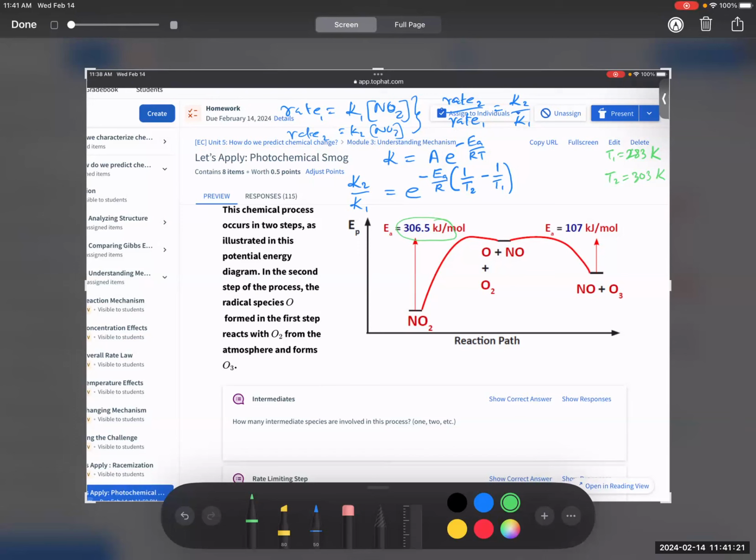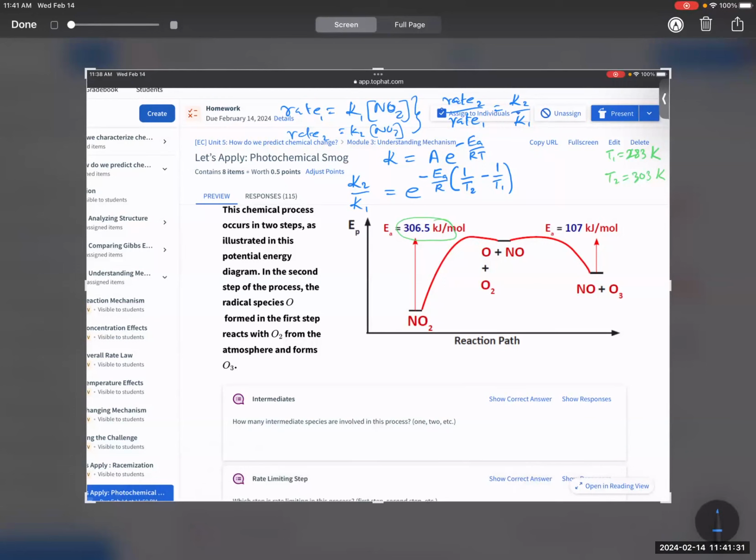So let's plug and check these numbers. That means switch to blue one more time. This blue seems to be easier to see. Anyway, if you plug in the numbers, k2 over k1 is e to the power of, I'm going to need a calculator.